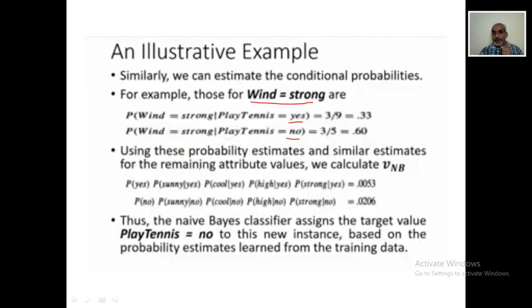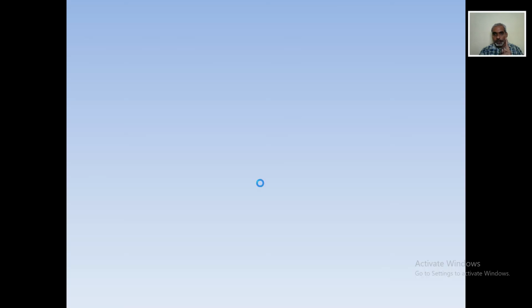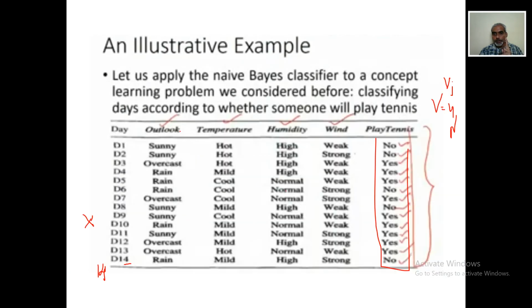So now in our data example, first we will see wind equal to strong and the output target value is yes. How many are there? Right? We'll see. Now wind equal to strong. Now these are the only two things we have to see. So wind equal to strong.